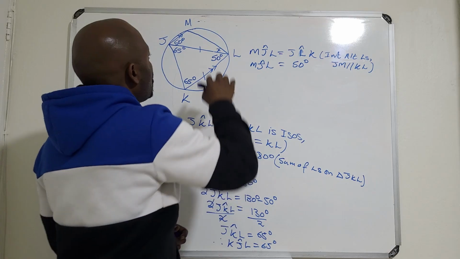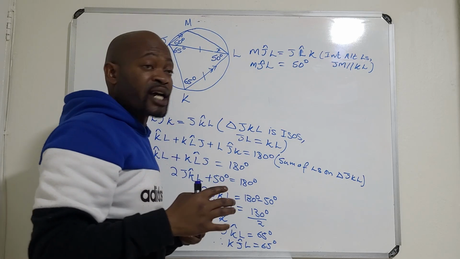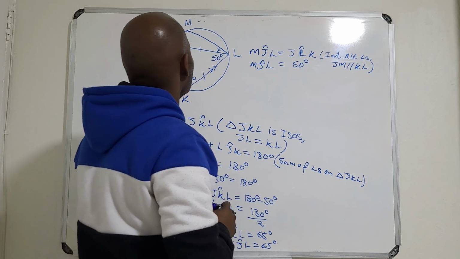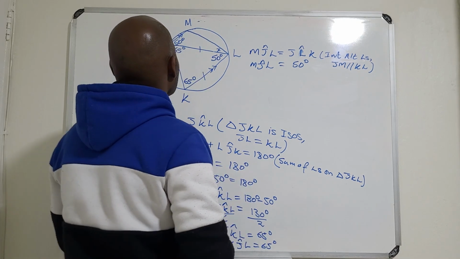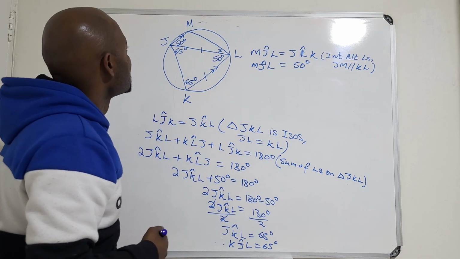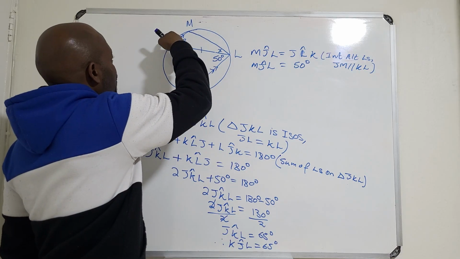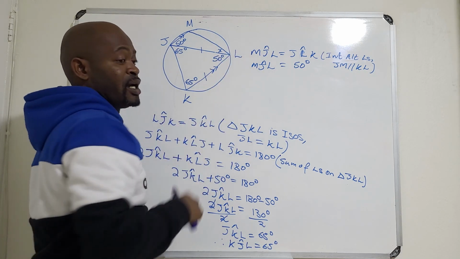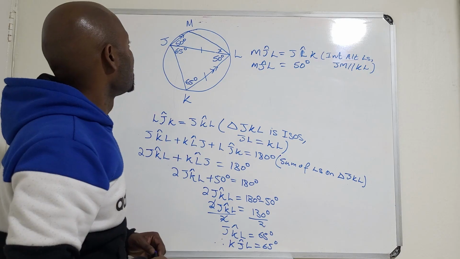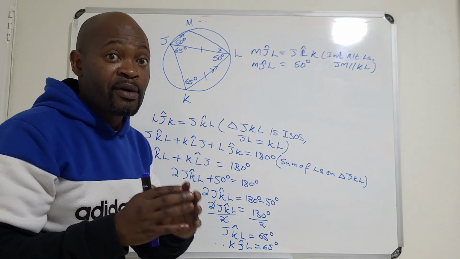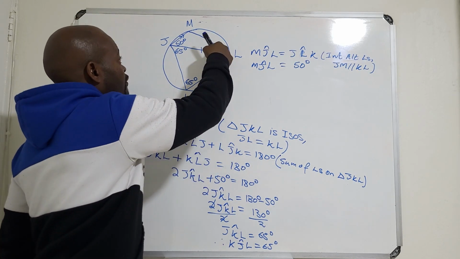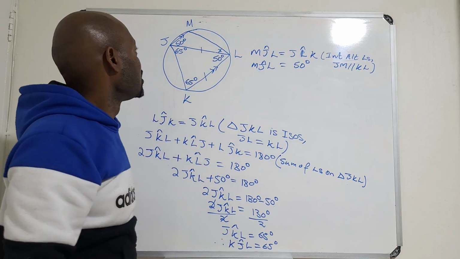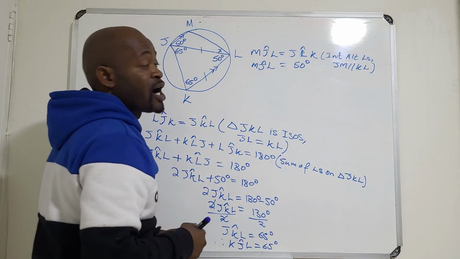Now, we are told to find X. We must not forget that. Now we are able to find X. Since MJKL is a cyclic quadrilateral, theorem number 5 can apply for us to find X. And this is how we're going to apply it.